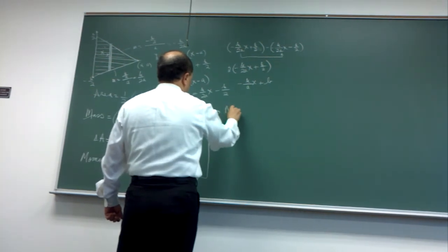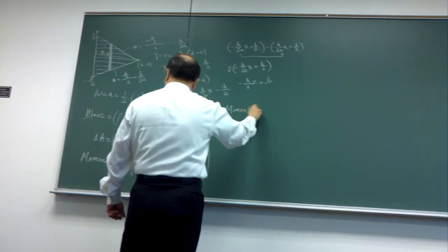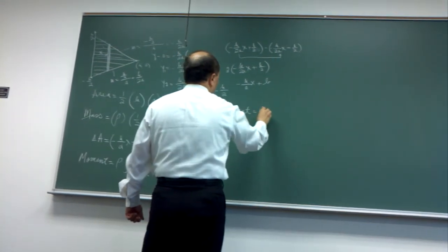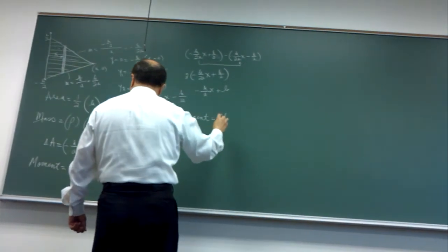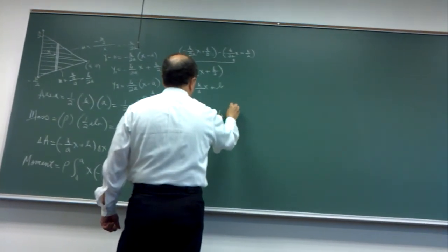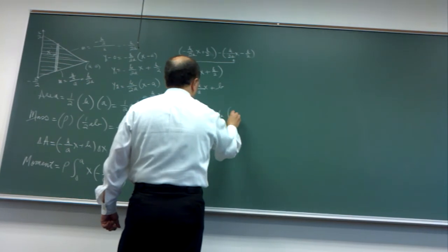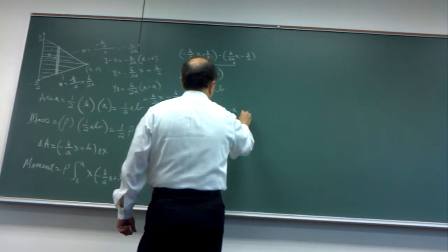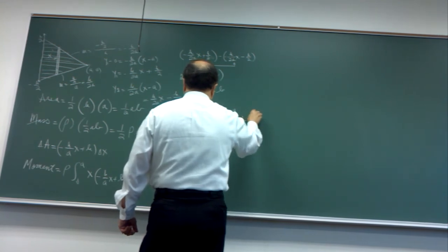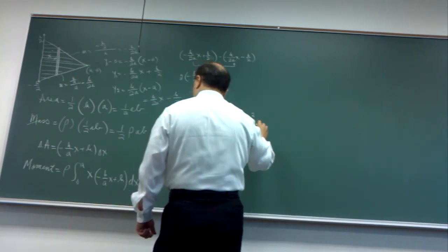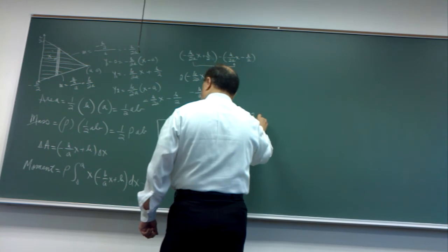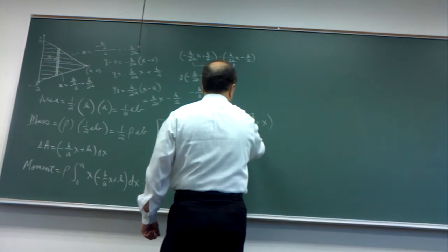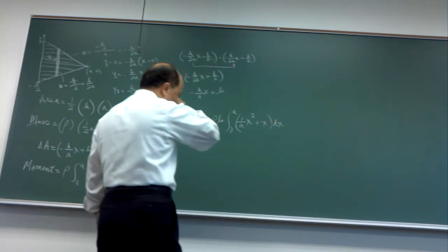Moment equals rho times b times the integral from 0 to a of negative 1 over a x squared plus x dx.